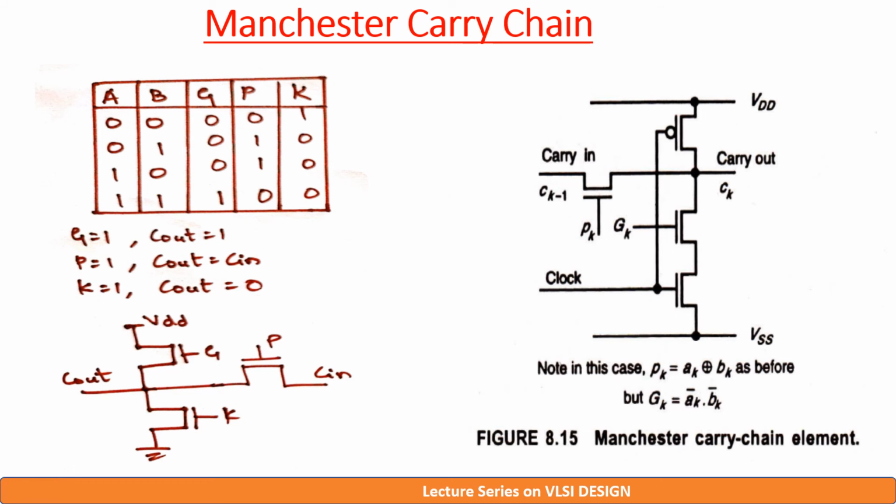If P is 1, K is 0, G is 0, both these NMOSs will be in off state. P is 1, so this transistor will turn on, hence Cout is shorted to Cin value.